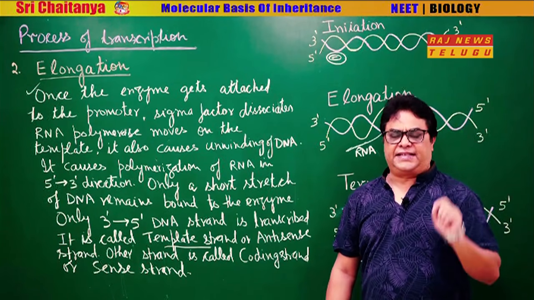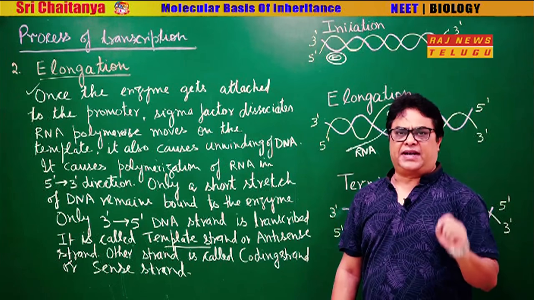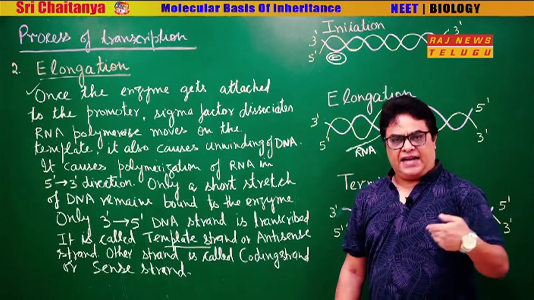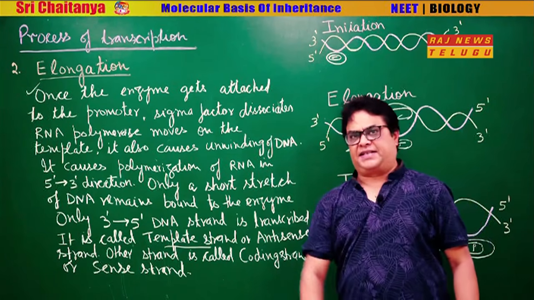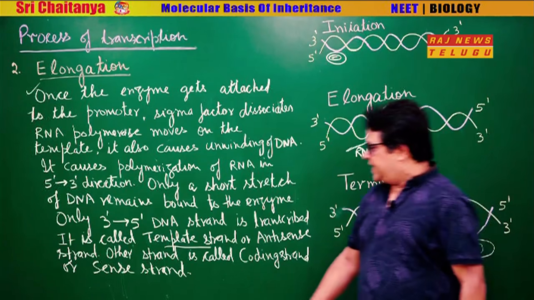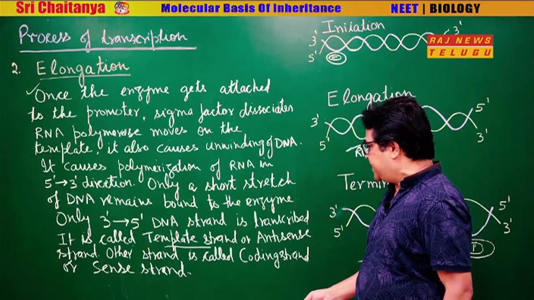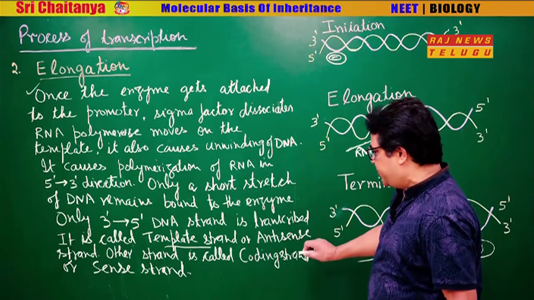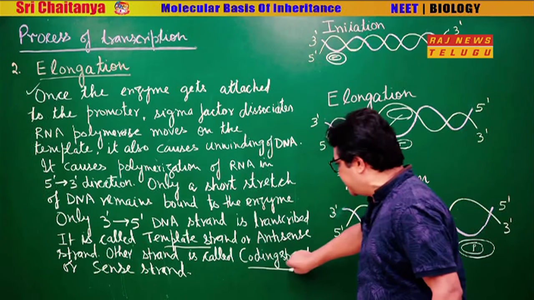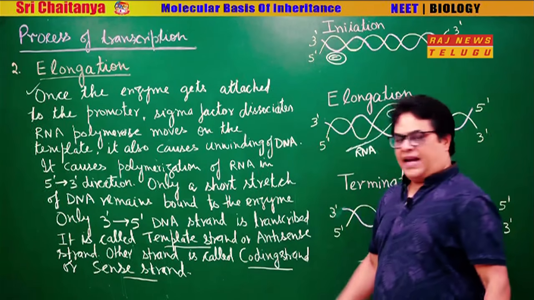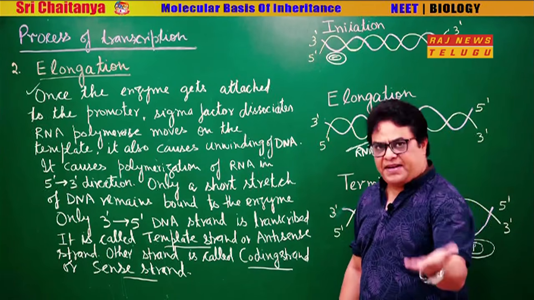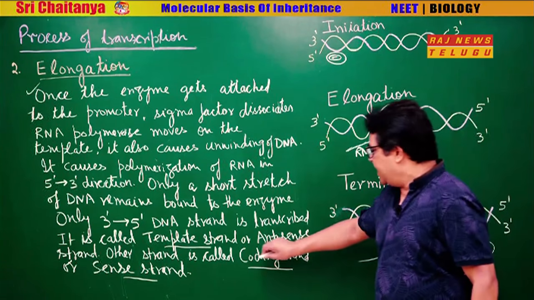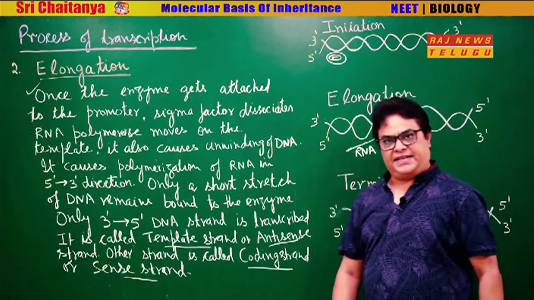Remember students, the template strand is also called the antisense strand, and the other strand that does not participate in transcription is called the sense strand, or it is also called the coding strand. So, the other strand is the coding strand or sense strand, and the strand that is participating in transcription is called the template strand or antisense strand.